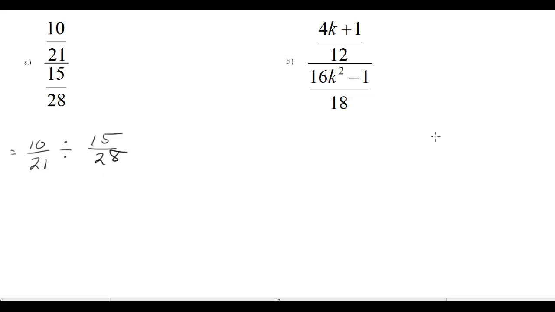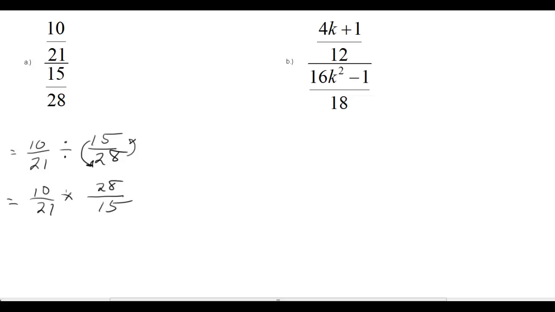And we've reduced this to something we already know how to do. We take the dividend, 10 over 21, and leave it as it is. We change the division sign to multiplication, and now we flip. We bring this up here, make that 28, and we bring that down here, 15.